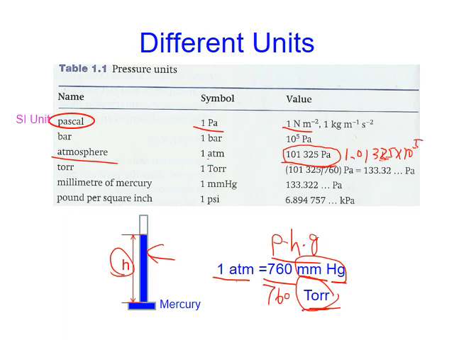A unit very close to atmosphere is bar. 1 bar equals exactly 10 to the 5th Pascal. One more unit that engineers like to use is pound per square inch, or PSI.